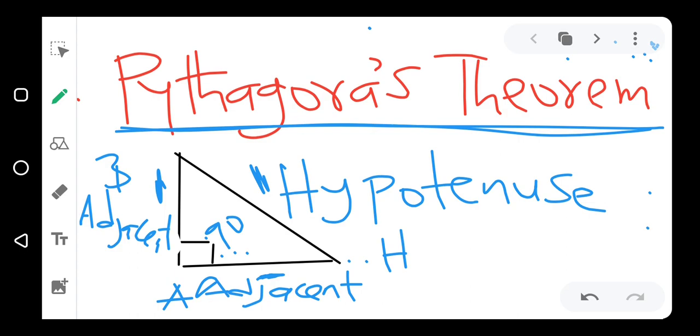Now this man is saying that h squared is equal to a squared plus b squared. That is, the square of the hypotenuse is equal to the square of the first adjacent plus the square of the second adjacent. This is what we call the Pythagoras theorem.